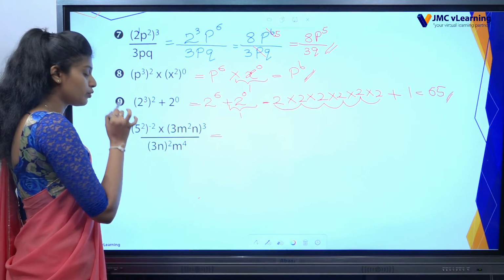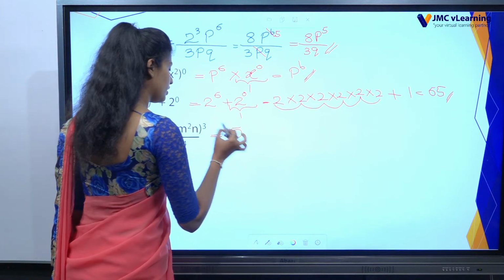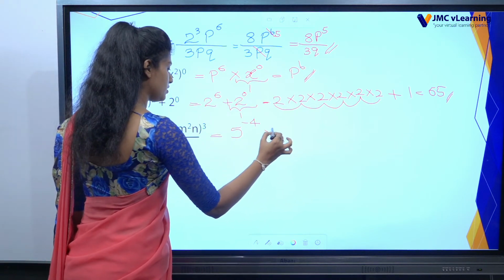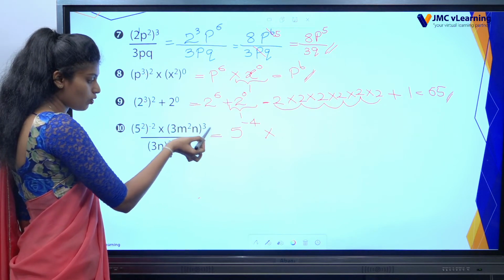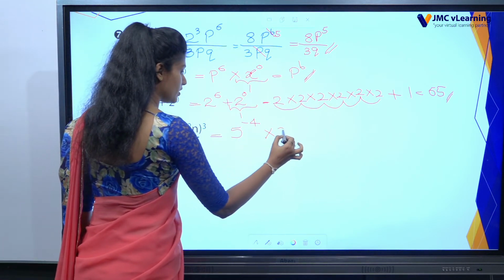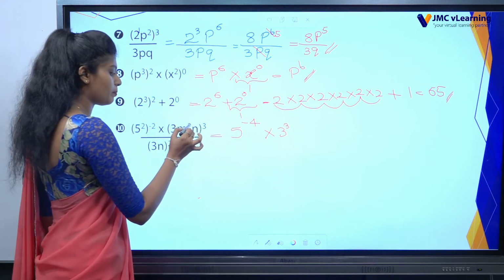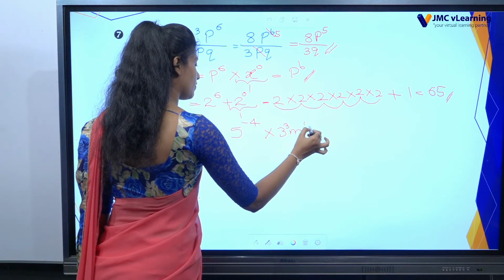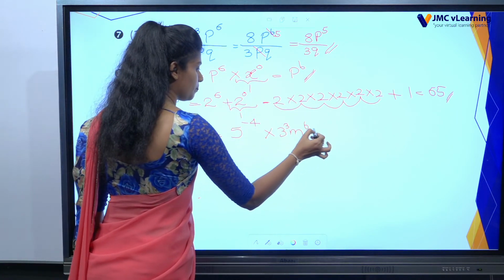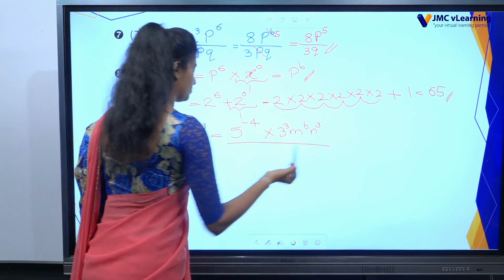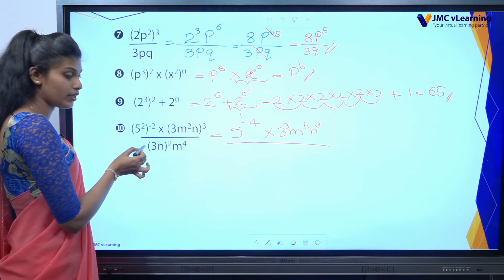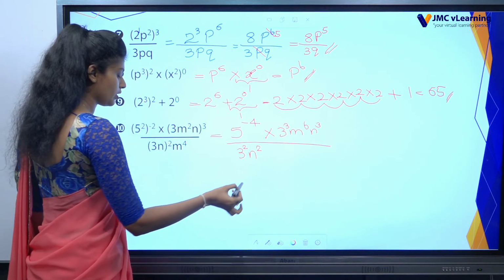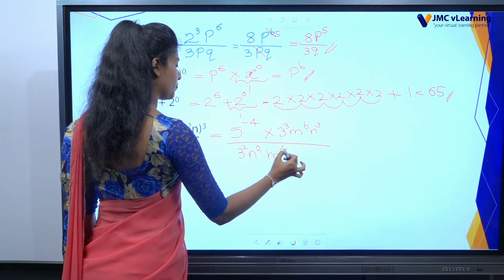Here powers 2 into minus 2, then plus minus minus 2 into 2, 4 into, here 3 is common to that all part, then 3 to the power 3, m to the power 2 to the power 3, then that means 3 and 2 have to multiply, m to the power 6, here n to the power 3 over, here 2 is common to that 3 and n both, 3 to the power 2, n to the power 2 and m to the power 4.